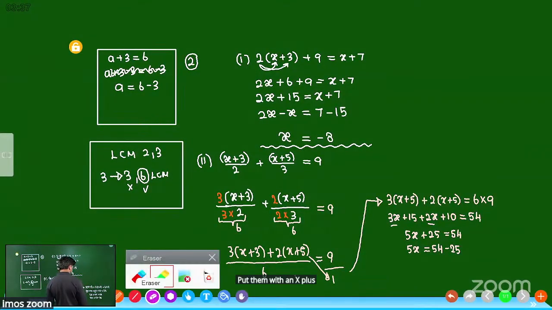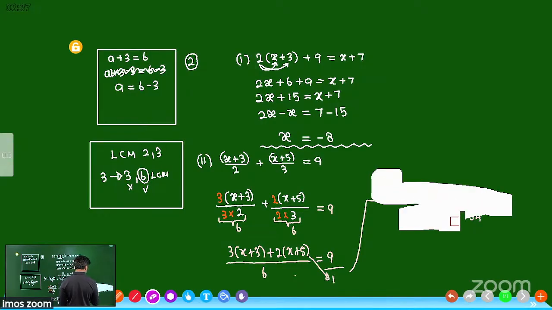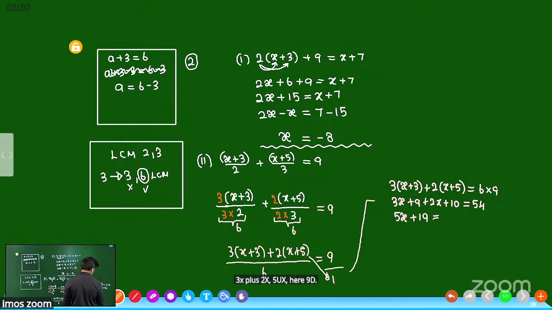Here it is x plus 3. 3x plus 2x, 5x. I divide this side by 5.